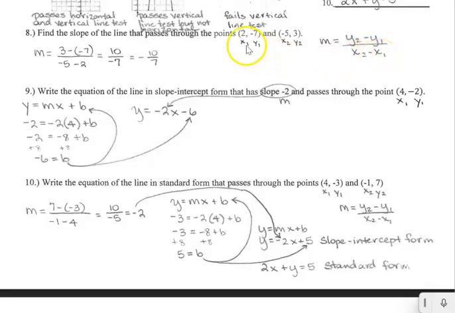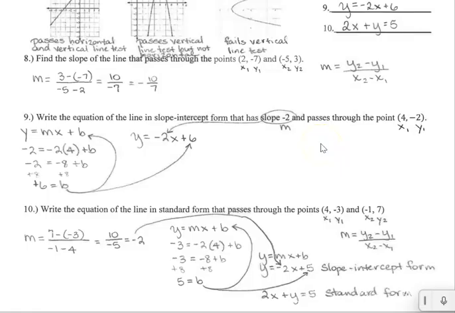So I'm going to label this x1, y1, x2, y2. So I can do y2 minus y1, 3 minus a negative 7, over x2 minus x1, negative 5 minus 2. So that's going to give me 7 plus 3, which is 10, and negative 5 minus 2 is negative 7. So I'll get negative 10 sevenths for my slope.